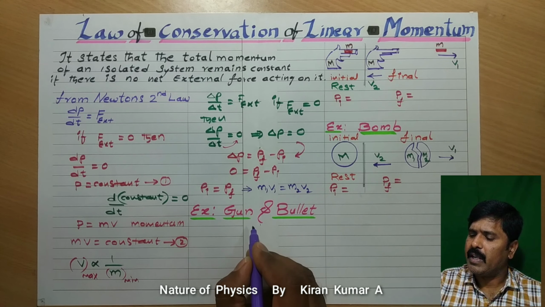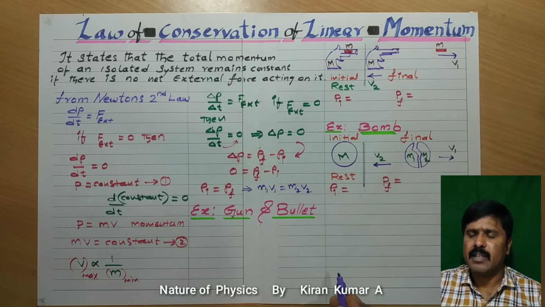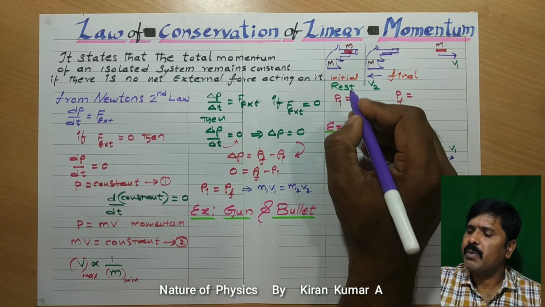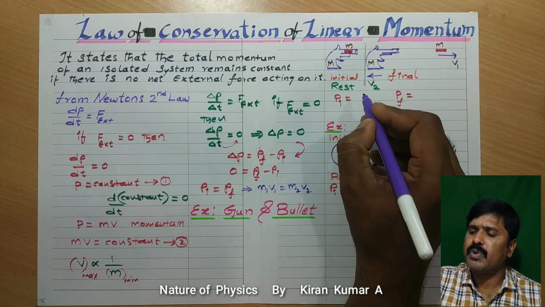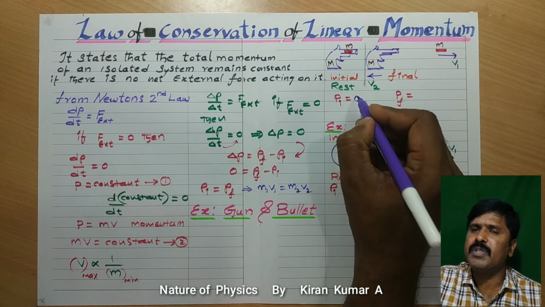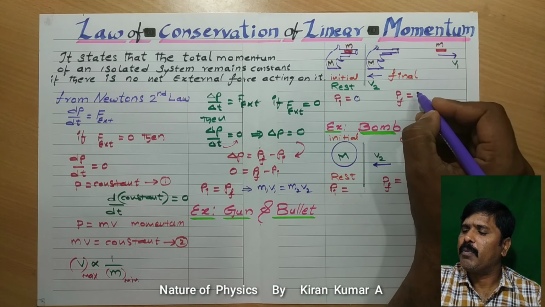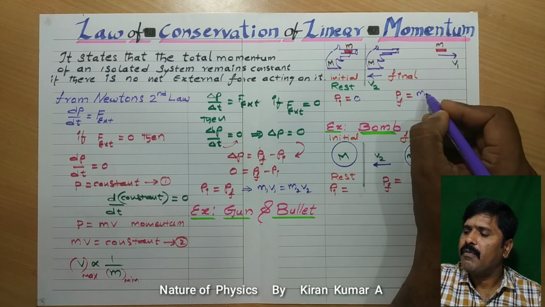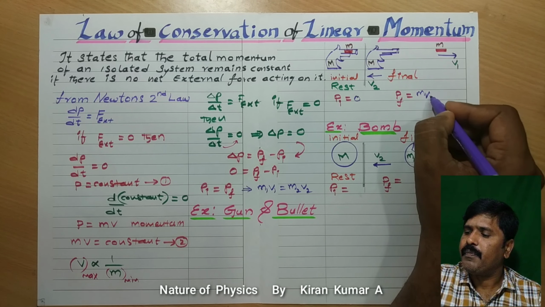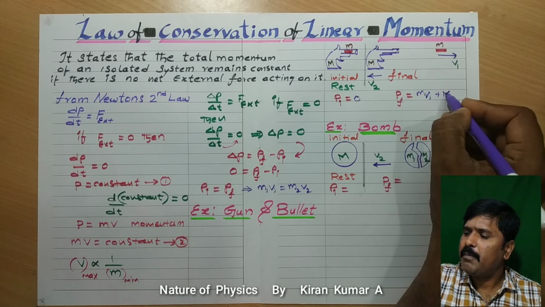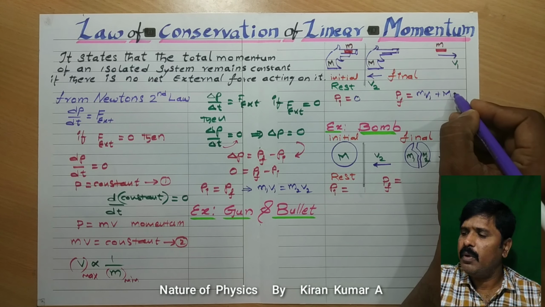The first one is the gun and bullet concept, and a clear diagram is given here, students. Initially the gun is at rest, that's why the initial momentum is equal to 0, and the final momentum I am going to write as m1 v1 plus capital M into m2 v2.